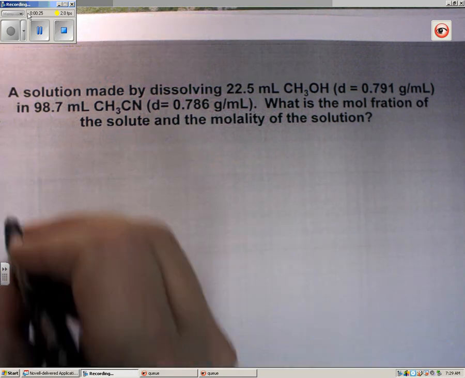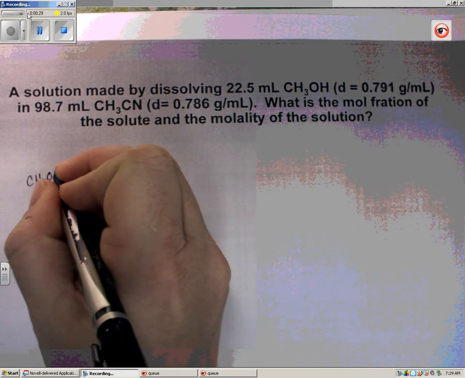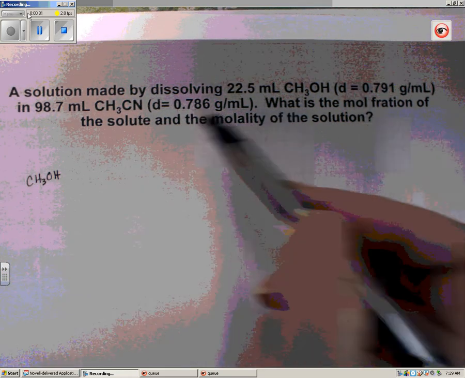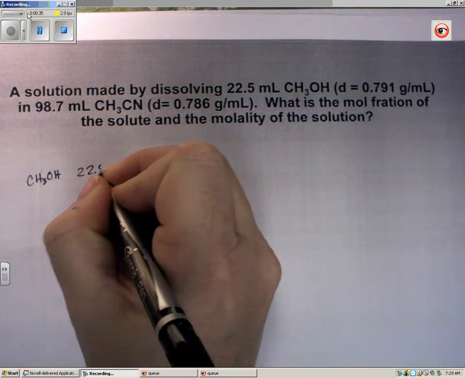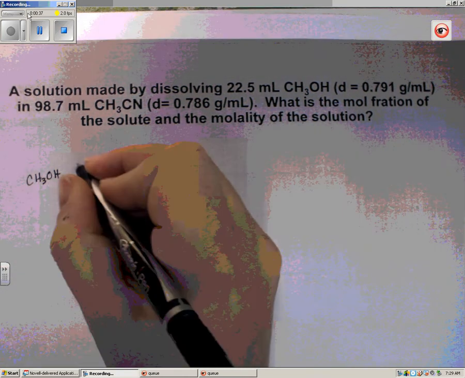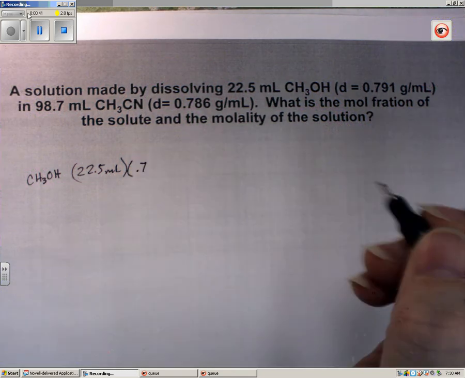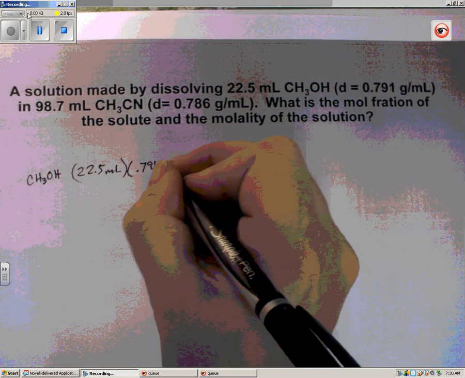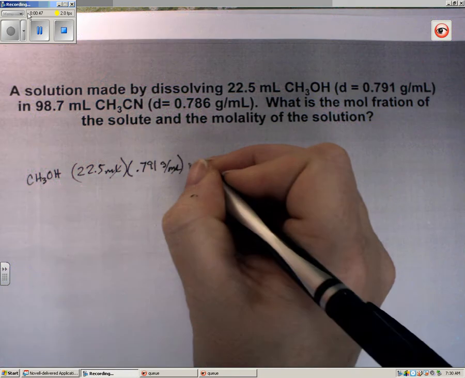So the first thing we're going to want to do, let's start with our methanol, because that is going to be our solute, since it is the one being dissolved. And 22.5 milliliters of that times its density, 791 grams per milliliter. Milliliters cancel, and you're just going to end up with grams.